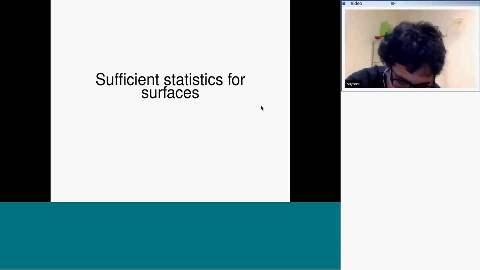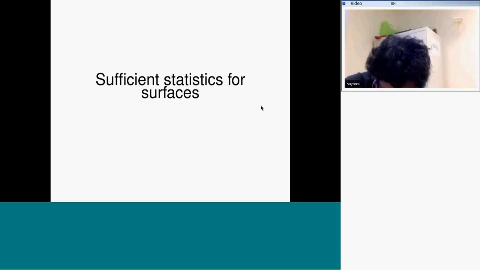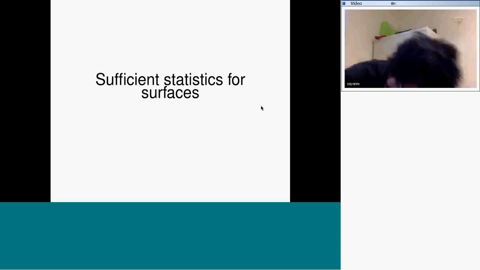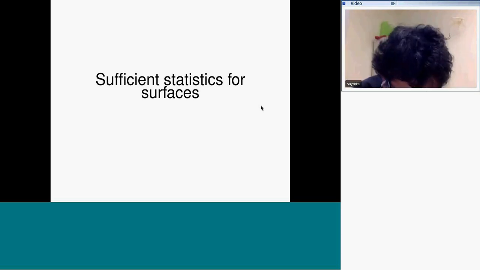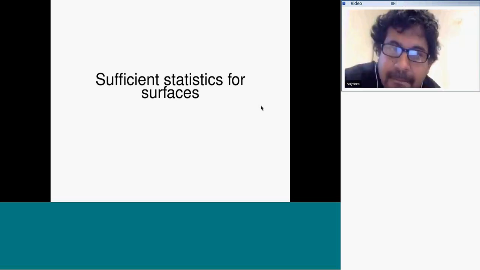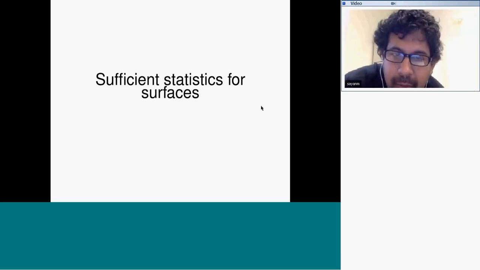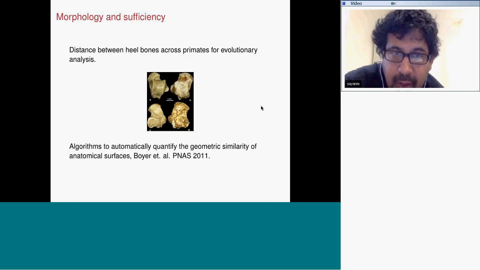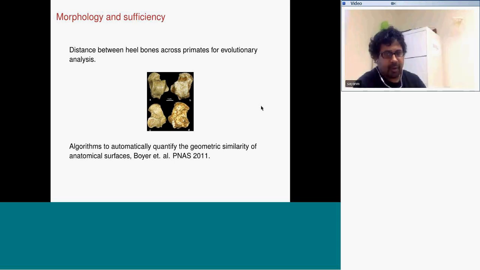Now, some work that I've been doing with Katharine and Turner, and that we're now extending with others, specifically Washington and Yale. The question is whether these summaries are actually sufficient, in that they characterize everything. I'll motivate this with an example.